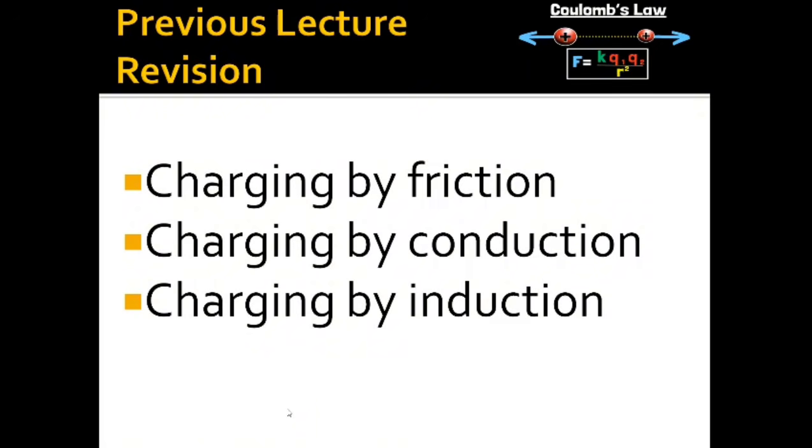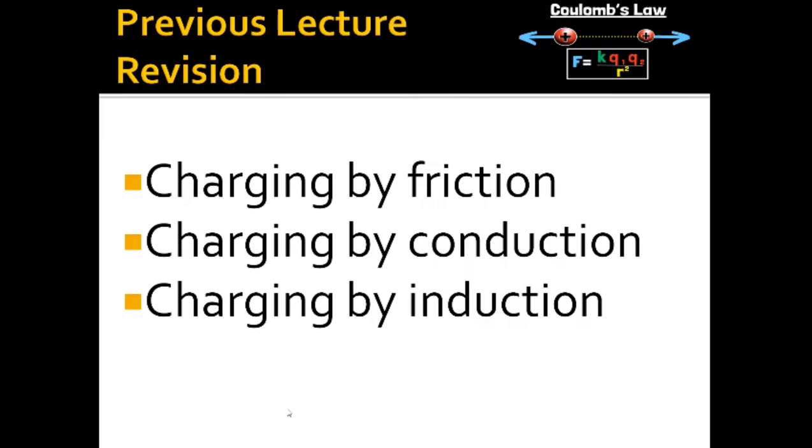What does that mean? These 2 neutral bodies rubbing together, one will become positively charged and the other one will become negatively charged. This is as a result of one of the bodies rubbing off electrons from the other body, whereby the one that rubbed off electrons becomes negatively charged, while the one that electrons are being rubbed off from becomes positively charged.